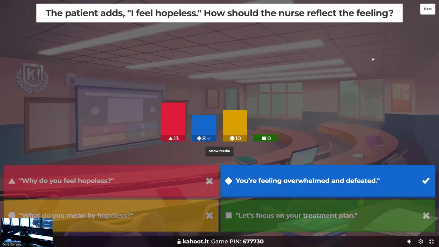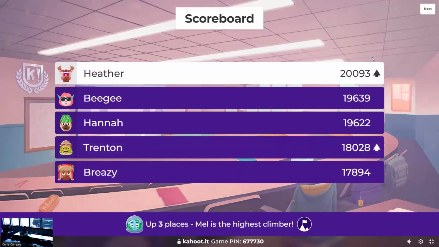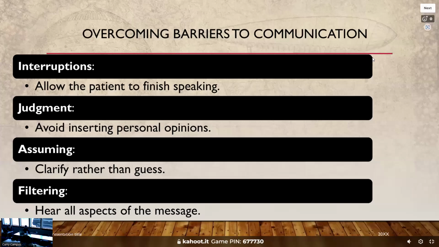We got 8. Although this might be appropriate. Why do you feel hopeless? But we're reflecting the feeling. You're feeling overwhelmed and defeated. So the key word would be reflecting the feeling. Puts Heather back on the top.